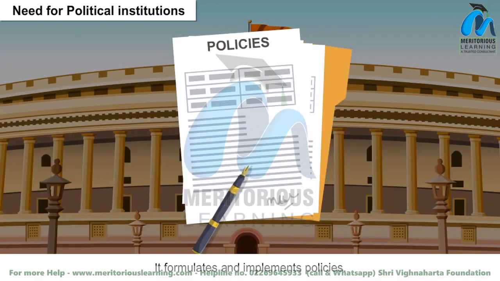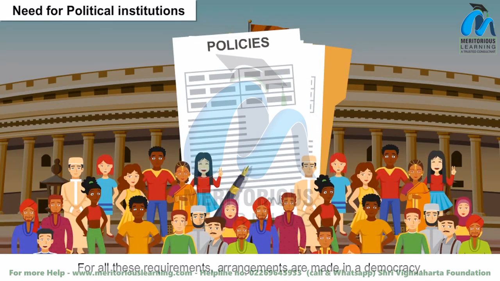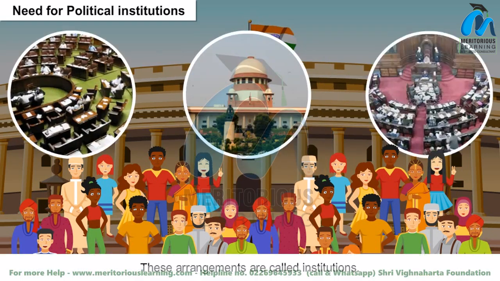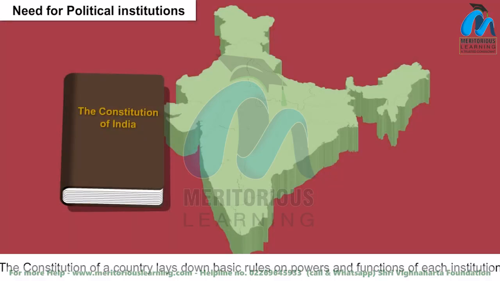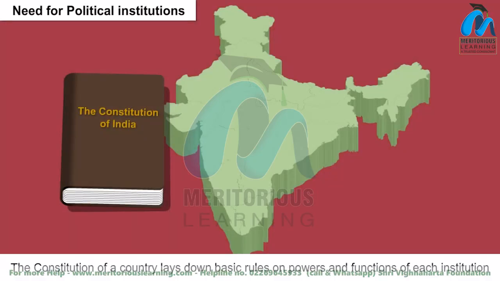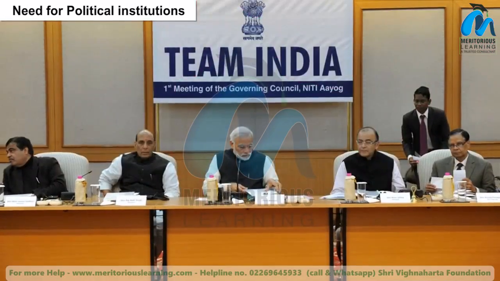It formulates and implements policies. For all these requirements, arrangements are made in a democracy. These arrangements are called institutions. The constitution of a country lays down basic rules on powers and functions of each institution.